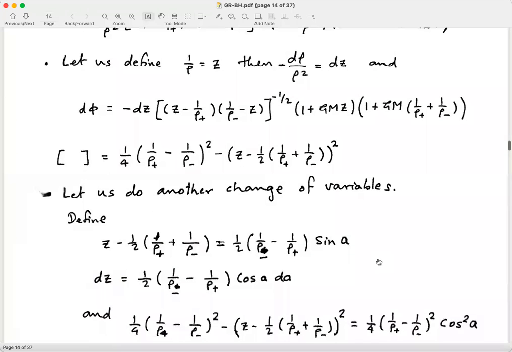So we could use this fact, and given that it is written as a quadratic equation, we write down z minus half 1 over rho plus 1 over rho minus, okay, is equal to, so notice this quantity that you can write this as some sine function. One of the reasons why we want to use trigonometric functions is because our orbit is periodic.